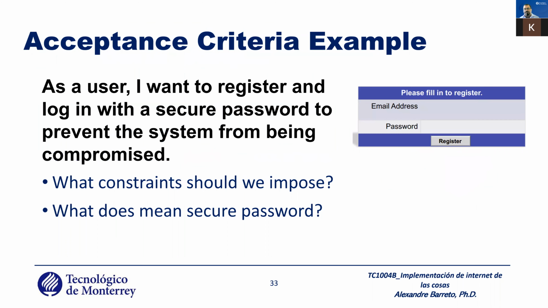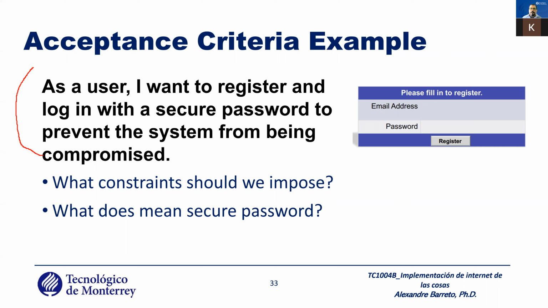One example is here. As a user, I want to register and log in with a secure password to prevent the system from being compromised. Okay? Where is the who in this user story here? Where's the who? Come on, guys.